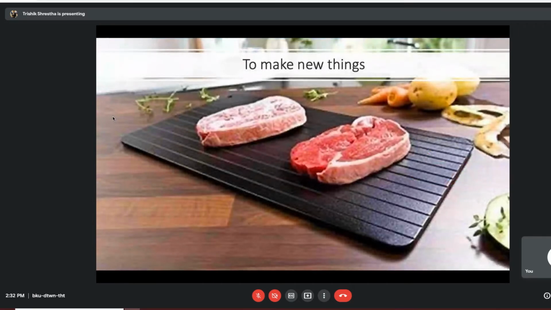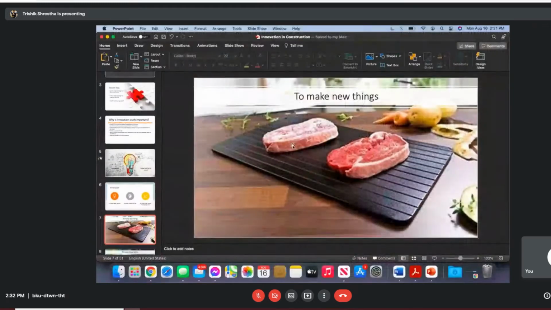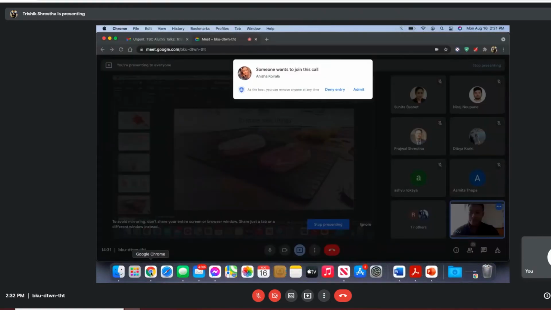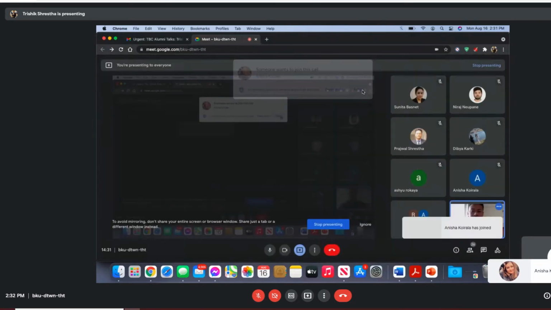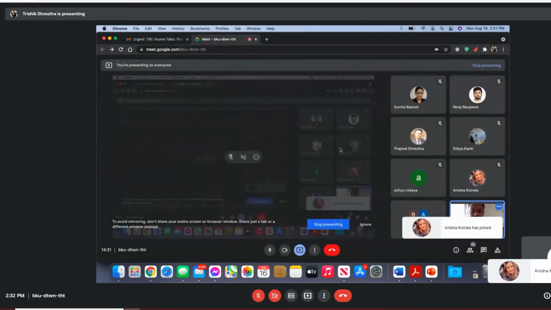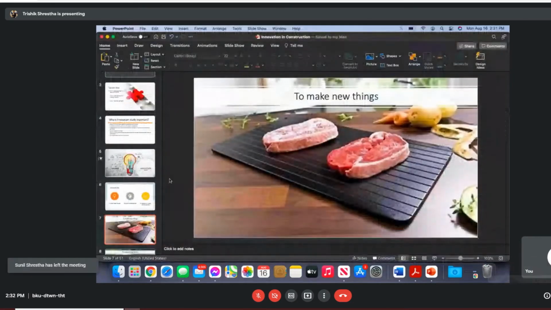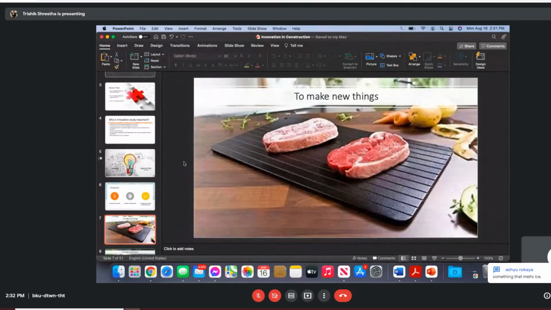This picture right here, to make new things. I'm going to ask you by show of hands, how many present here can tell me what this black thing is? Sunita ma'am, Prajwal sir, you're also permitted to answer.